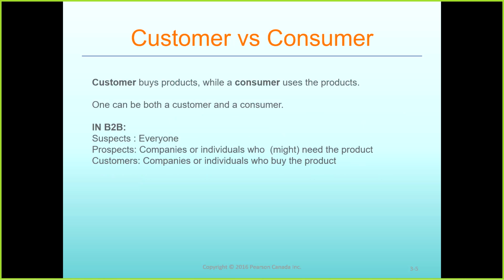Yeah, so certainly, right, a customer buys products, a consumer uses the products, and of course, we could all be customer and consumer bunched in together, right? In most cases, we are, right? Customer and consumer. If you were looking at B2B, business to business, right?